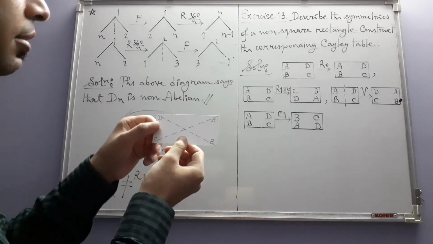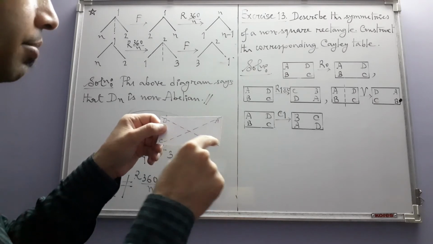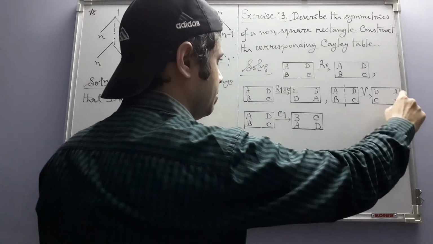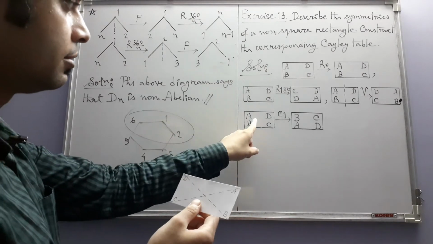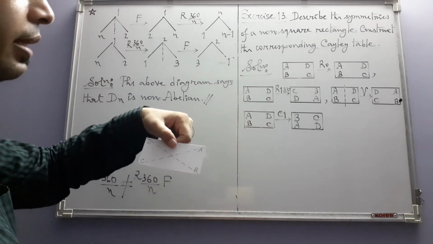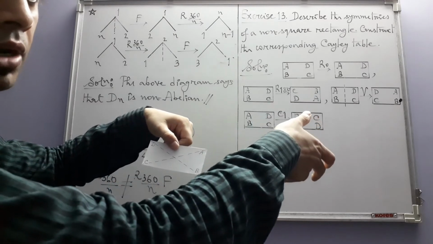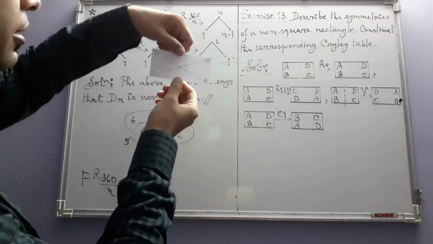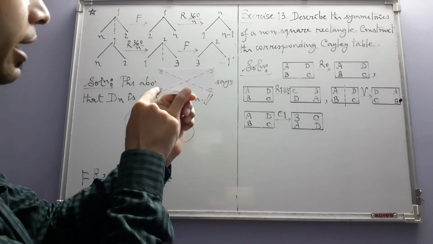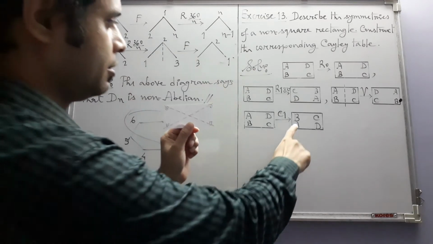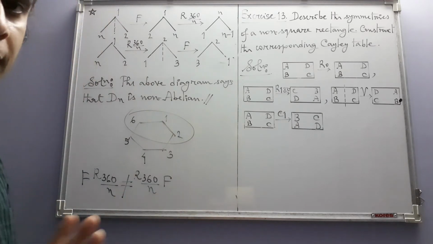That means if you look from here, A, B, C, D, and after that if we rotate again by an angle of 180 degrees in the counterclockwise direction, then 90 degrees, 90 degrees. So A, B, C, D, that is fine.